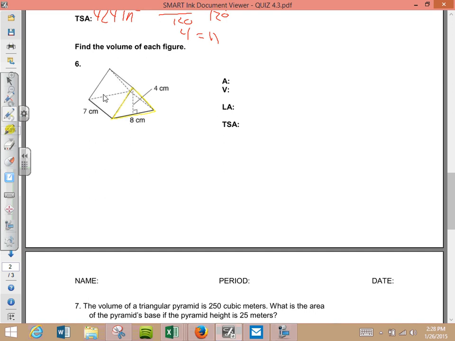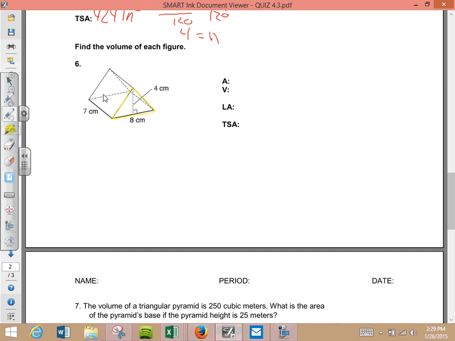Can anybody explain why that's the base and not the bottom part? Not necessarily. That's a good one, though. What else? For the rectangular prism, the base can be any of them because it's a rectangular prism.